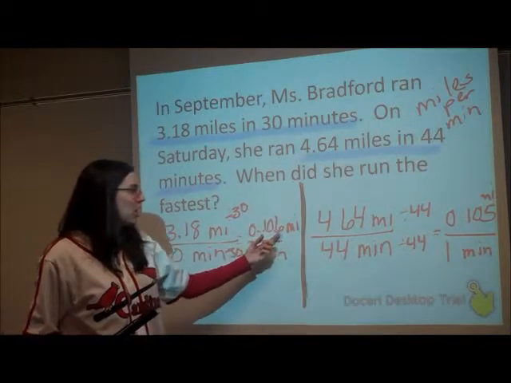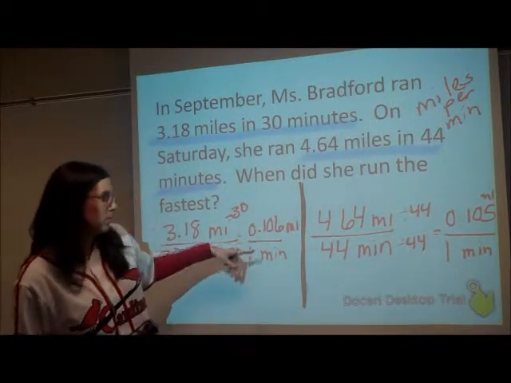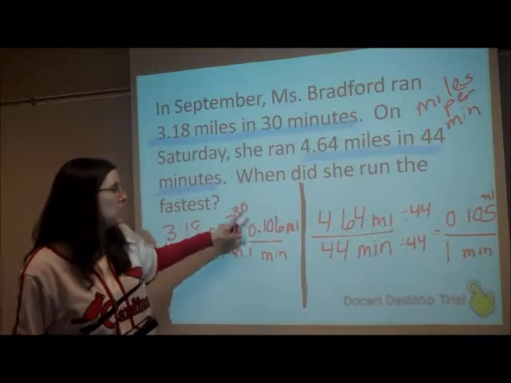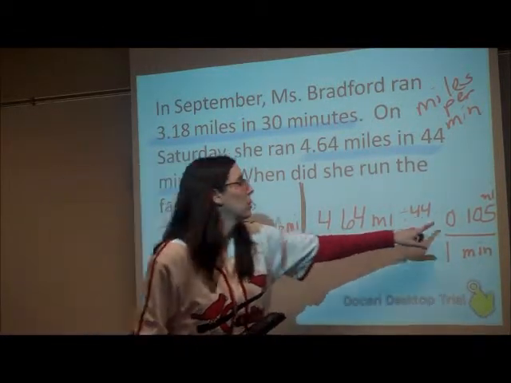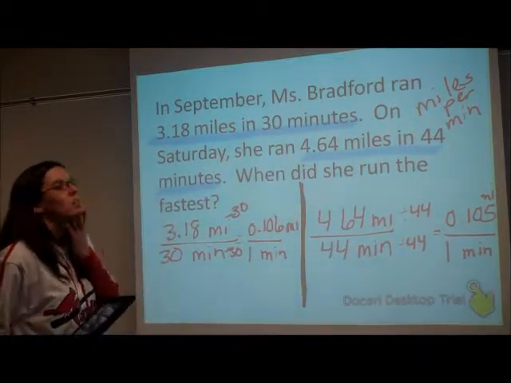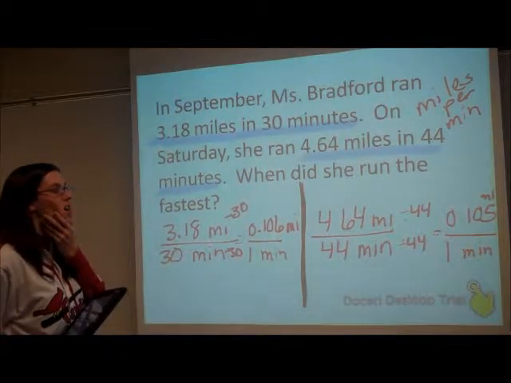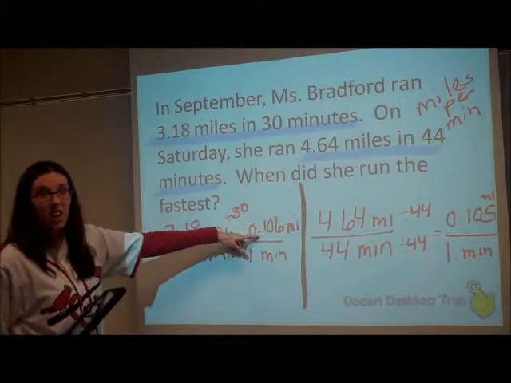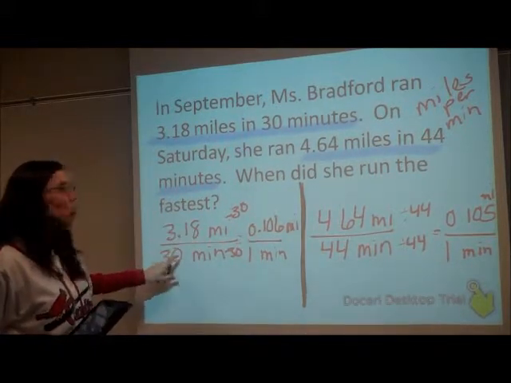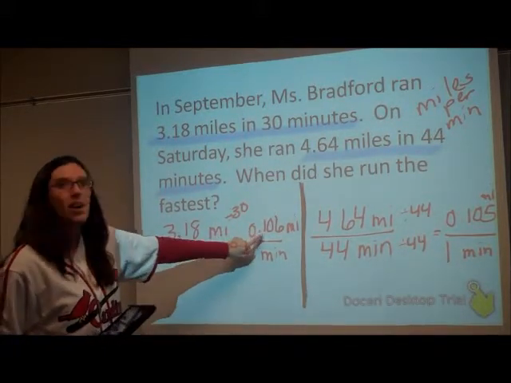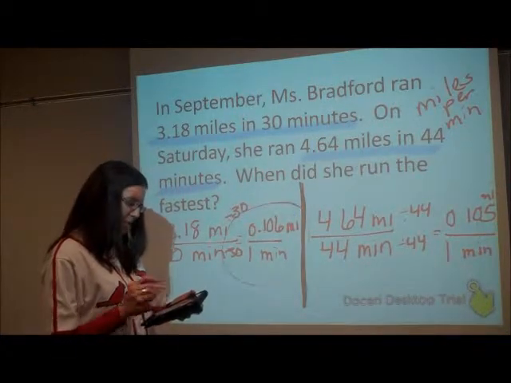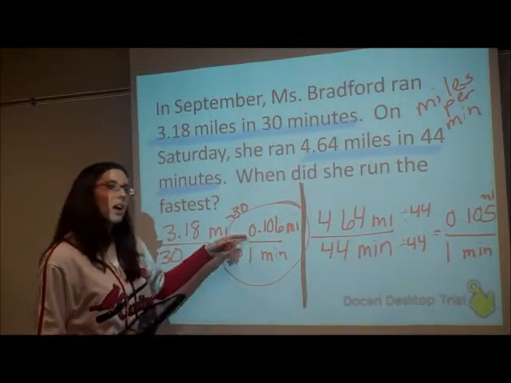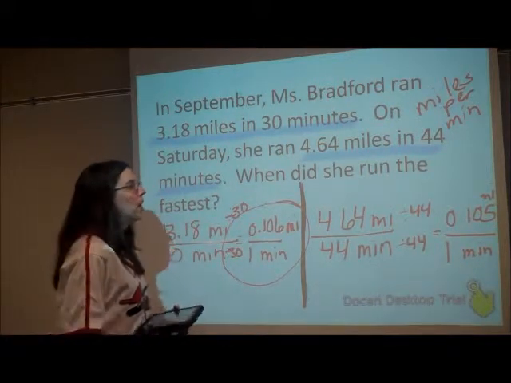Well, here, in 1 minute, I could go 106 thousandths. Here I went 105 thousandths. So which one's fastest? It's here. I ran more. So even though it was less time, I actually did it faster. Okay? So this one, I had the faster speed.